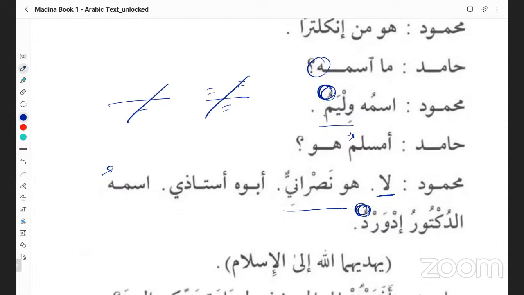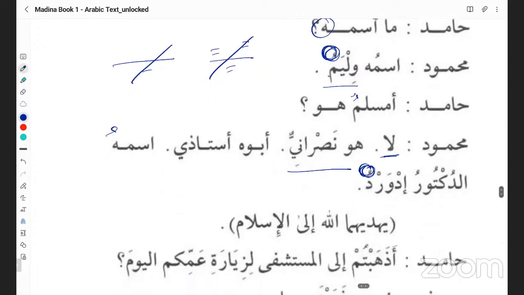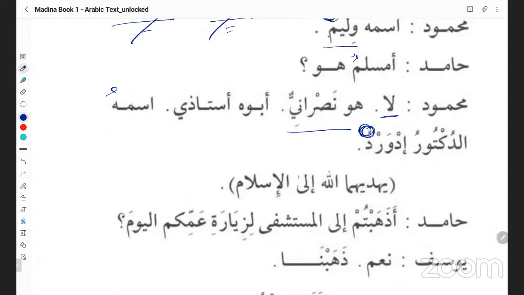Oh, okay. يهديهم الله إلى الإسلام. May Allah guide them both to Islam. Yahdi, to guide. Huma, that is a pronoun for two.